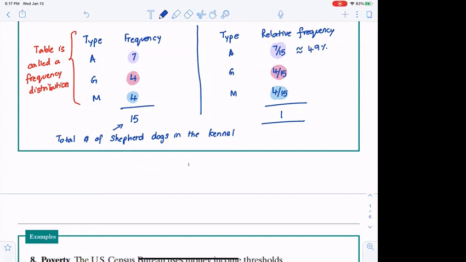And I could make a similar conclusion about the others. 4/15 is approximately 24. And likewise, 4/15 for the other case would also be approximately 24. I think it should be slightly higher than 24. That's 26.